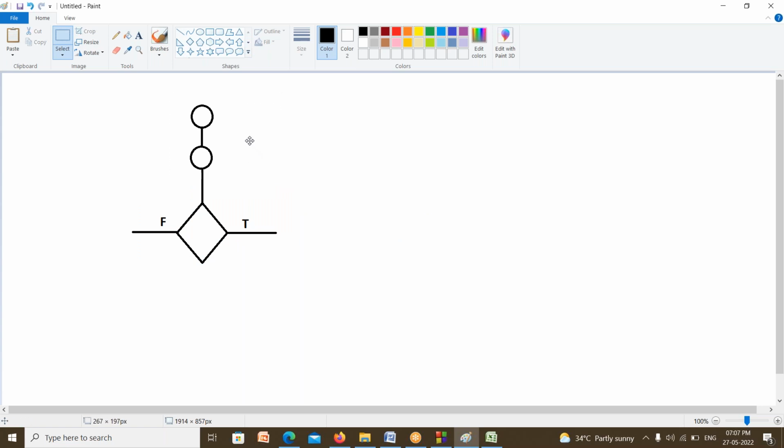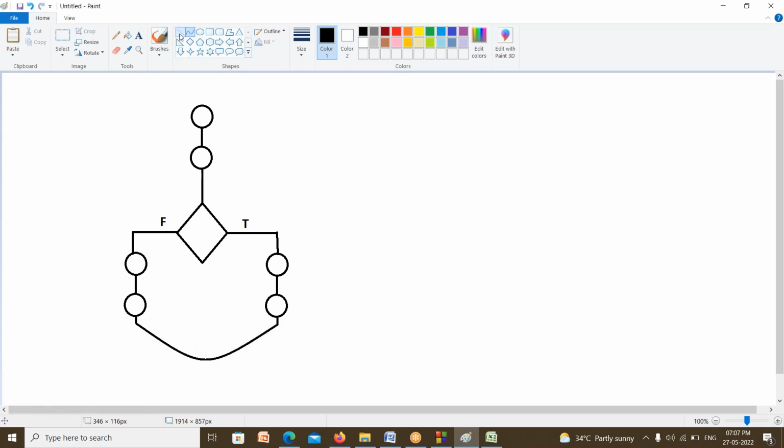Right. If the condition is true, control moves to the right side and executes these two lines of code. If the condition is false, control moves to the left side and executes these two lines of code. After that, the program will be terminated like this.